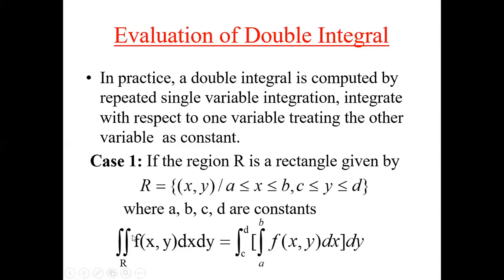Then the double integral over the region R of f of x, y dx dy is equal to the integral from c to d of the integral from a to b of f of x, y dx, then dy. That means f of x, y is integrated with respect to x between the limits a and b. Then the value is integrated with respect to y between the limits c and d.